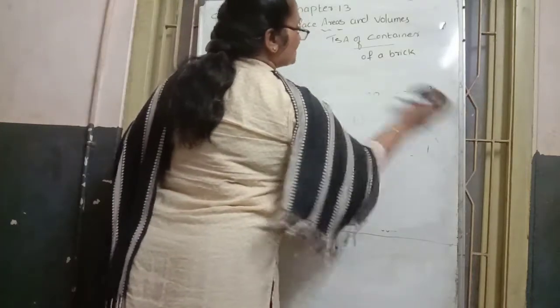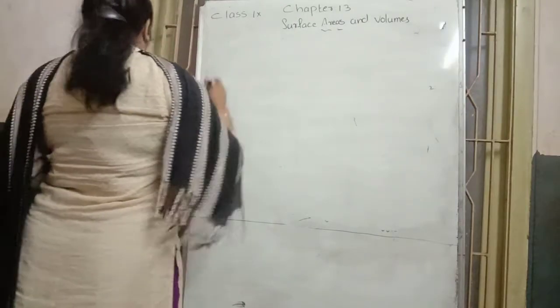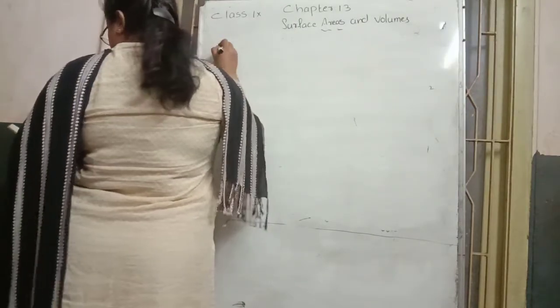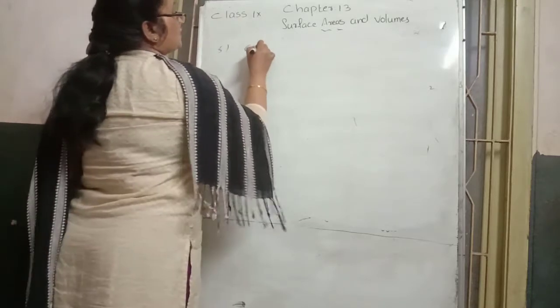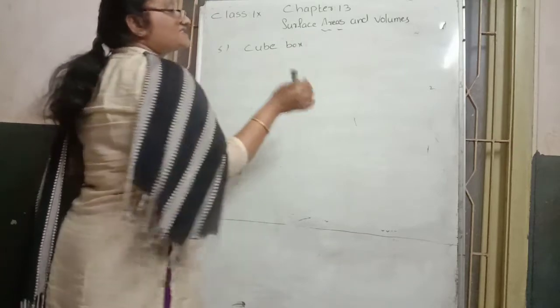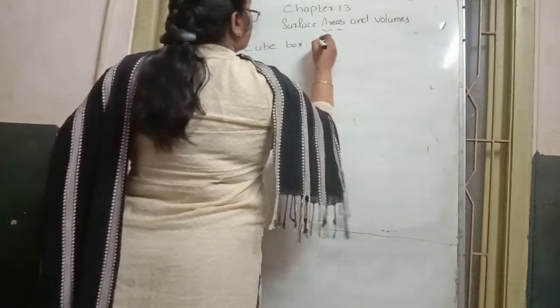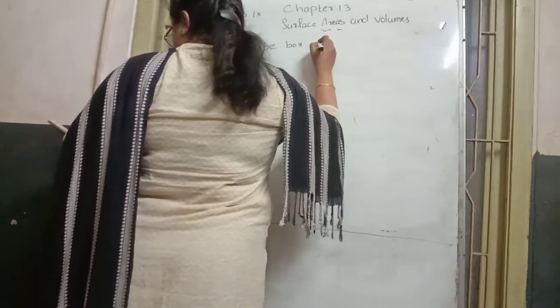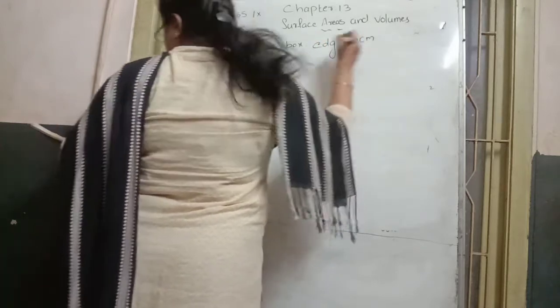In the fifth question, they have given two types of box. One is a cube shape box. The side of that cube, the edge, is given. Edge means side. The edge of that cube becomes 10 centimeter.